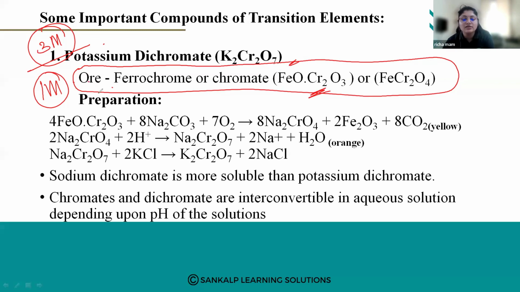Then the first step is what we are going to do. In the first step, the chromite ore is fused with sodium carbonate. Fuse means nothing but we are going to react the chromite ore with sodium carbonate.